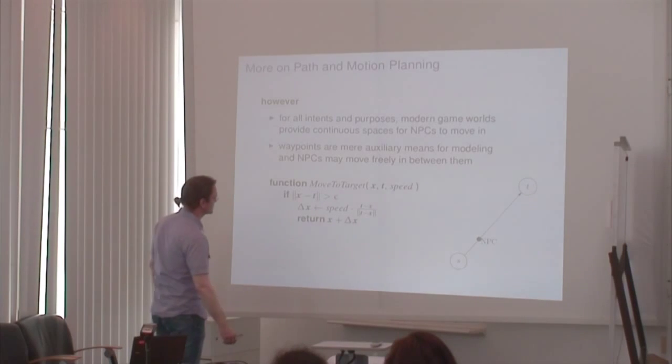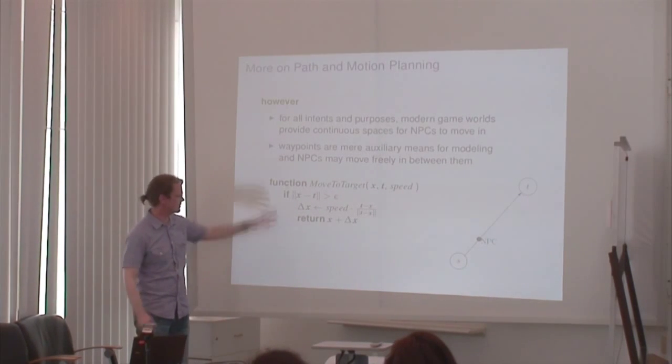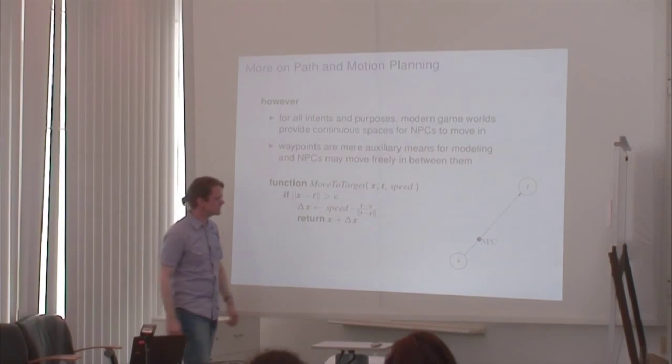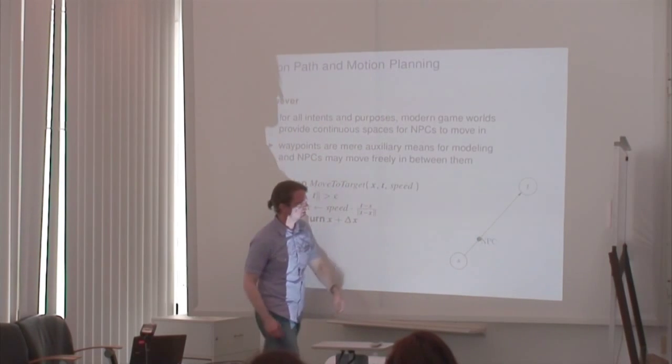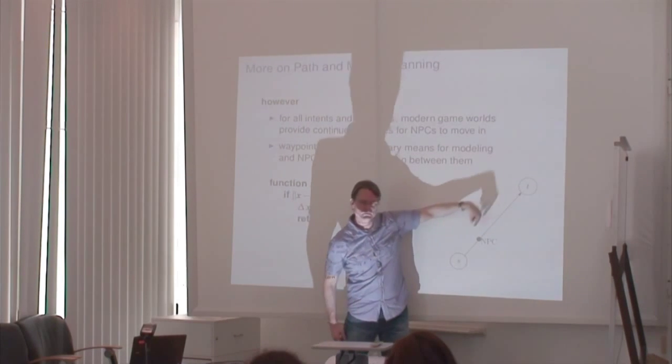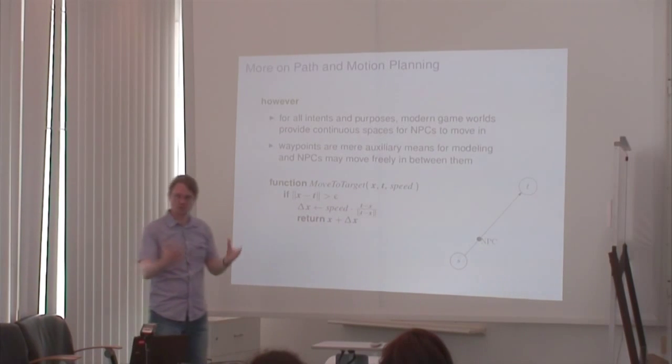Should that be the case, then we can compute a displacement vector, let's call it delta x, which is basically the vector t minus where we are right now, so it's a vector pointing from here to there. And we can normalize that so that it becomes a unit vector, a vector of length 1.